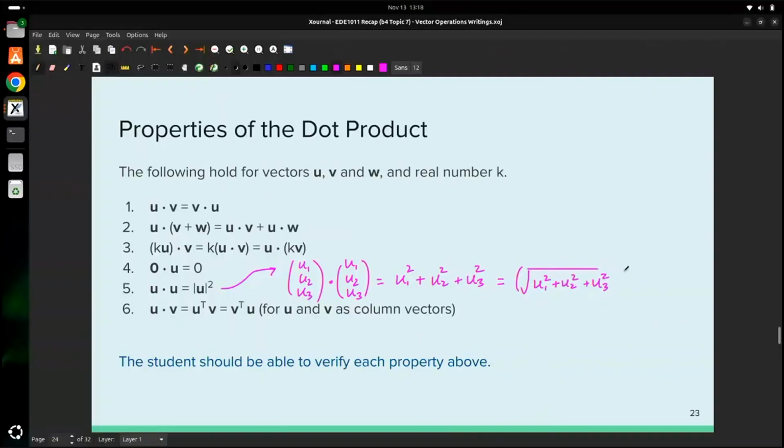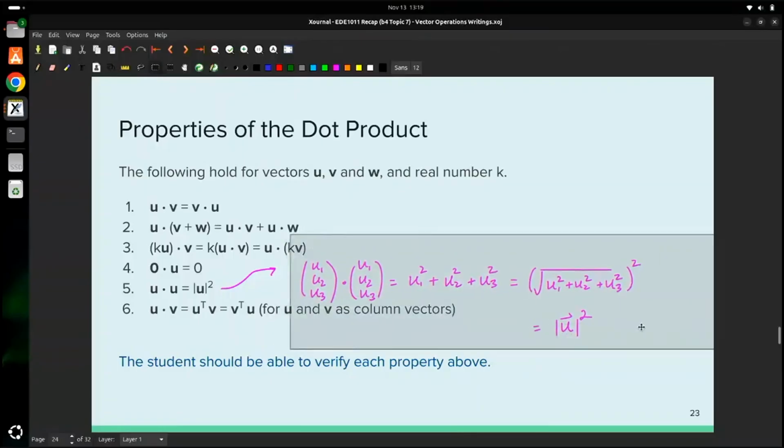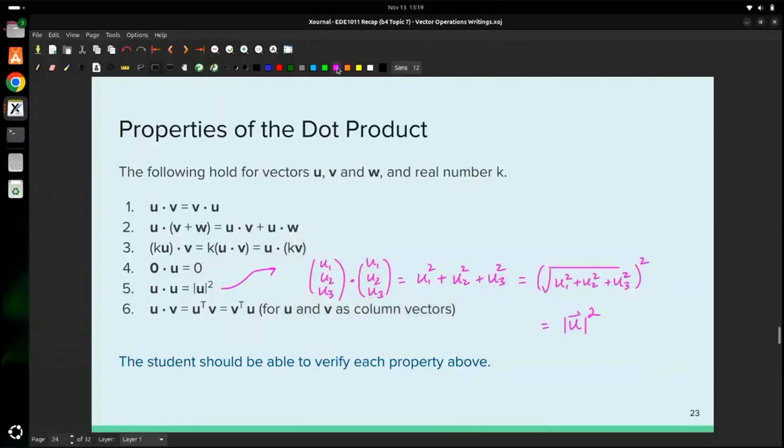But the square root of this is actually the magnitude. So it's really the magnitude of u, the whole thing squared. Okay? So therefore you just prove left hand side equals right hand side. Is that alright? So if you take the dot product of a vector with itself, then really you get the square of the length.